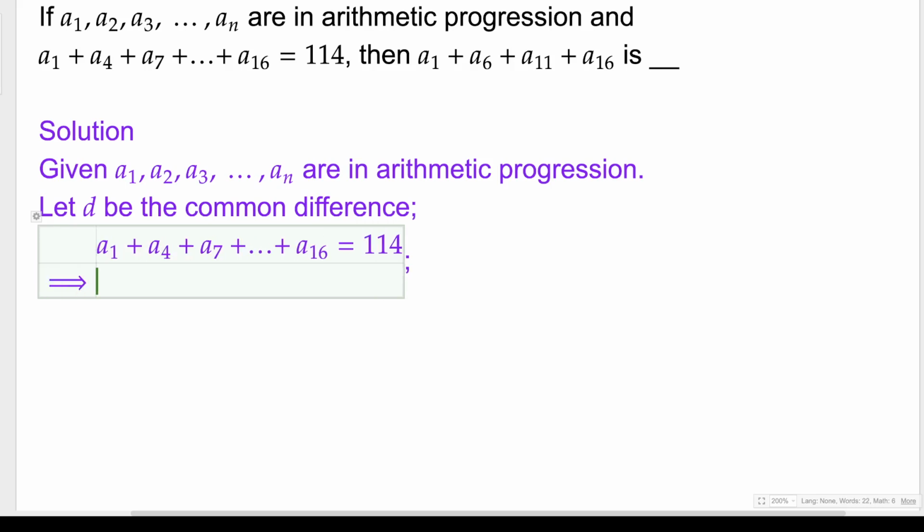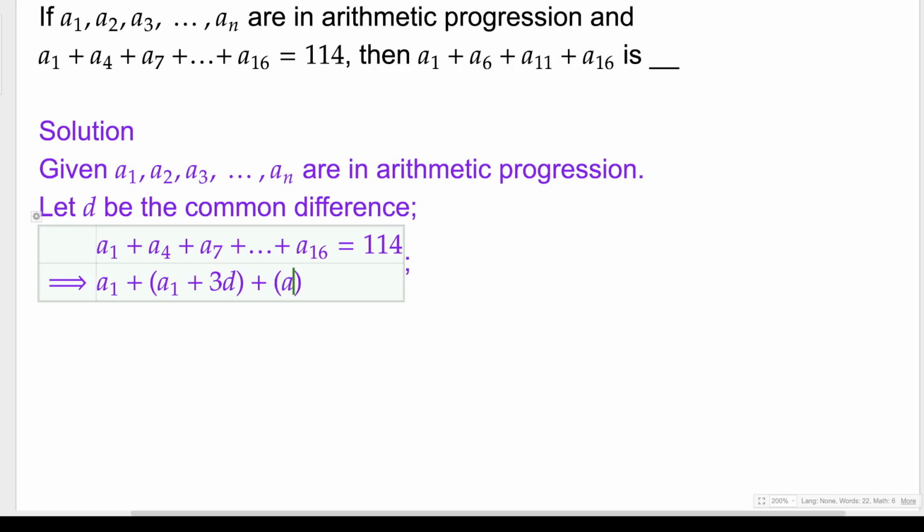Now this a1 I'll write as it is, and a4 can be written as a1 plus 3 times d. A7 can be written as, you can observe between a1 to a4 there is a difference of 3, and between 4 and 7 a difference of 3 as well in the term numbers.